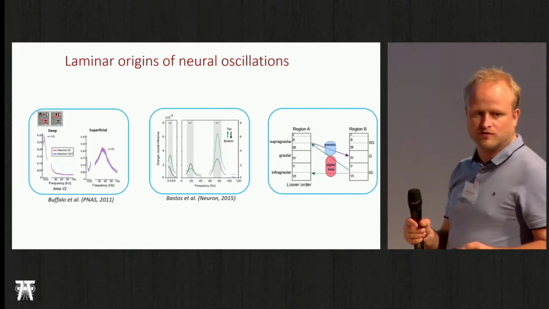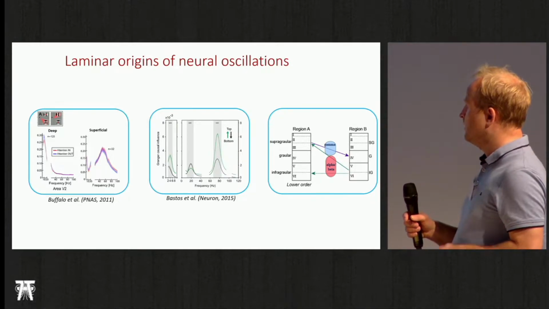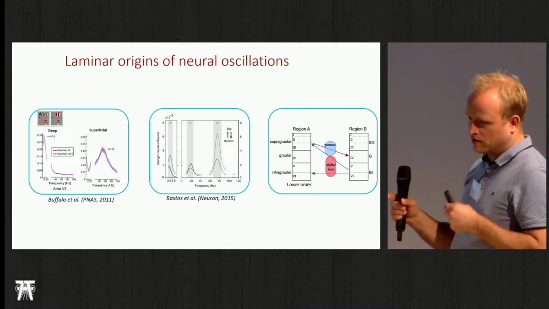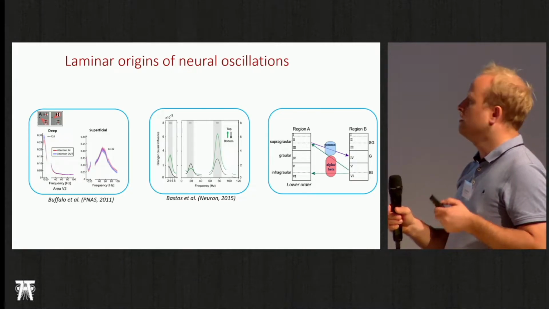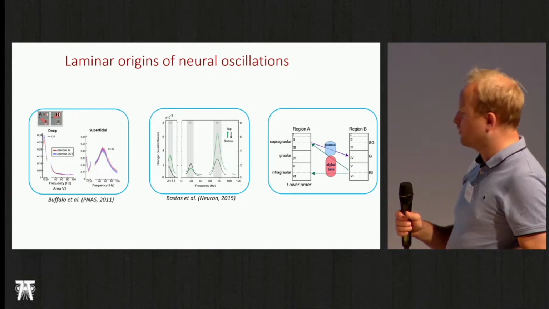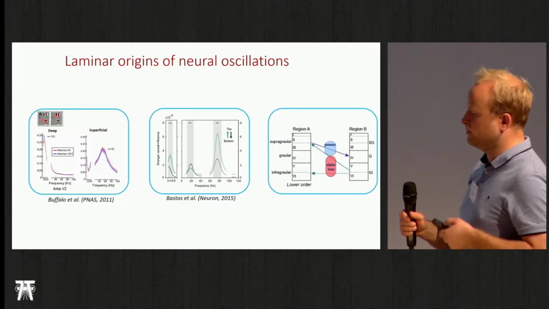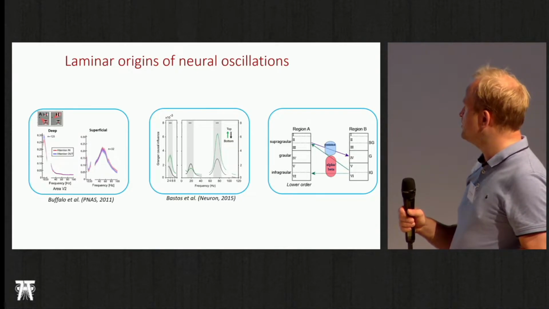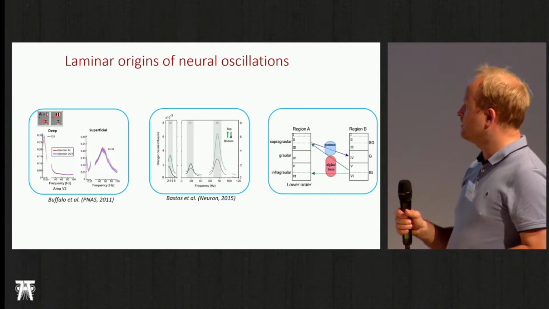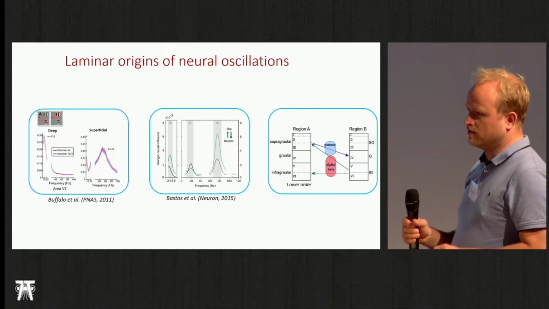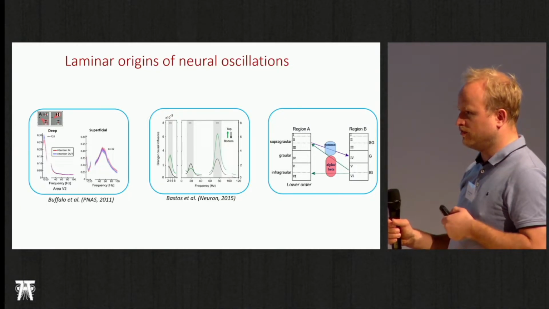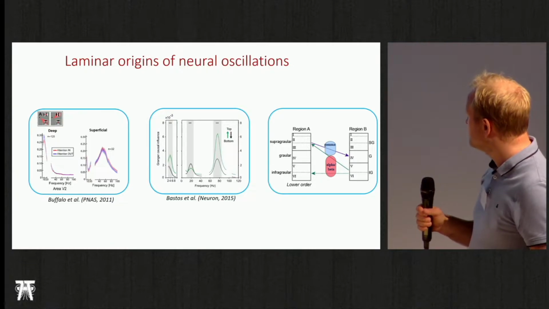This has been replicated later on, and the low frequencies seem to be more related to deep layers, while higher frequencies, and specifically gamma band, seem to be more recorded from superficial layers. These frequencies have also been related to differences in feed-forward and feedback processing.